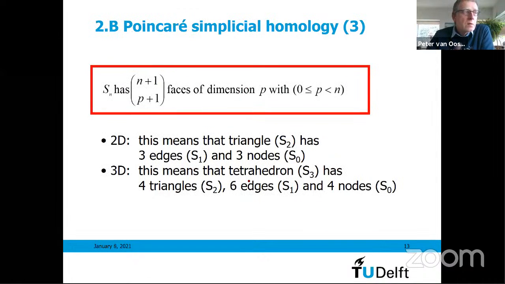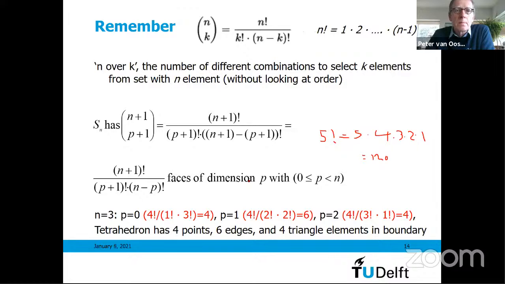Because this is a generic formula that not only works in 1D, 2D, 3D, but also in 4D and 5D, and remember that sometimes we also want to go beyond 3D: if we add scale or if we add time, then we can also compute the number of boundary elements for all these lower dimensions.